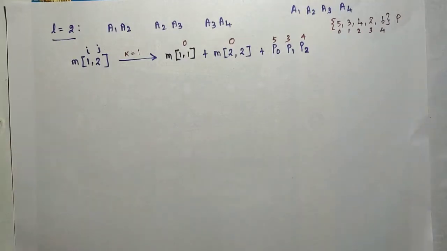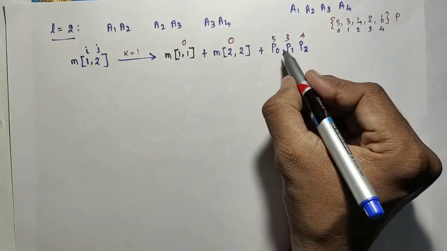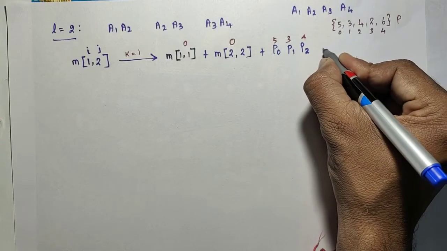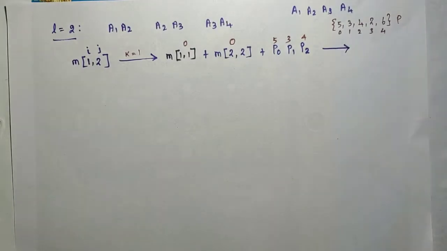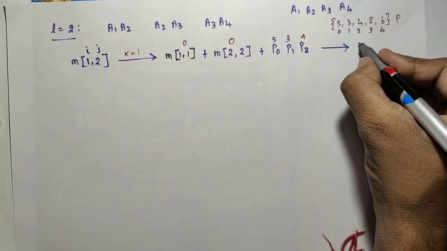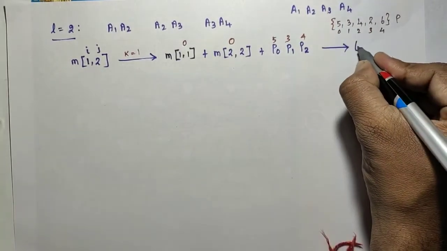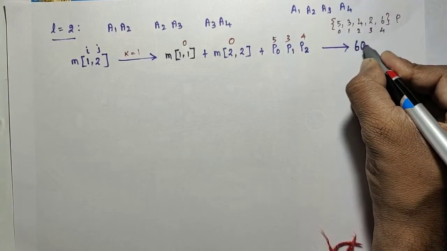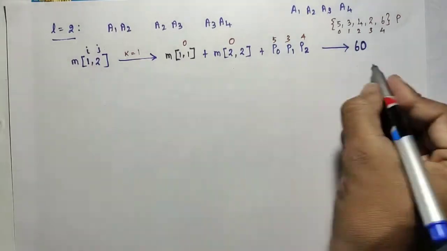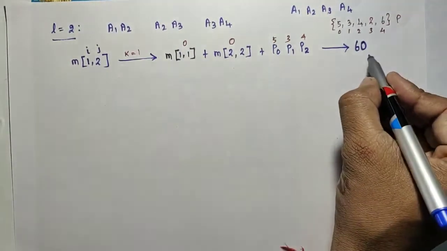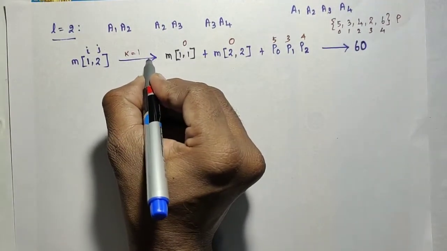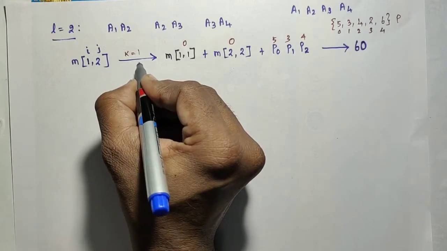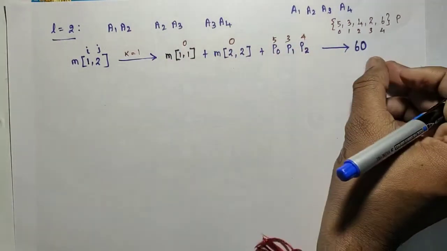So what is the result we are obtaining? It is 60, correct? So we are getting 60. That is the M value. Here there is only one combination and no more K values, so the final result will be 60 only.